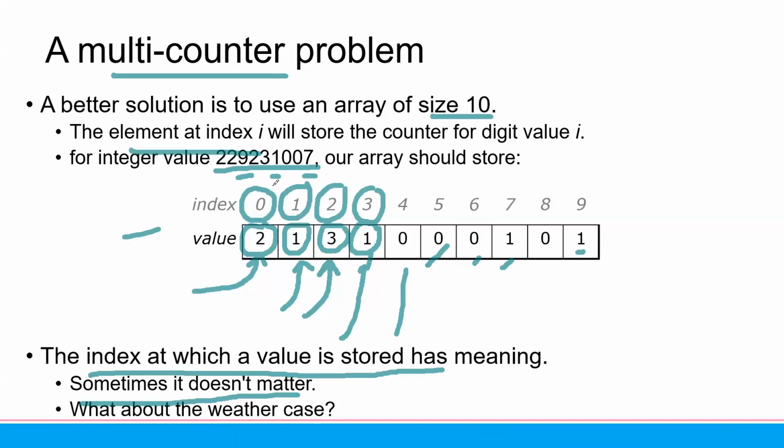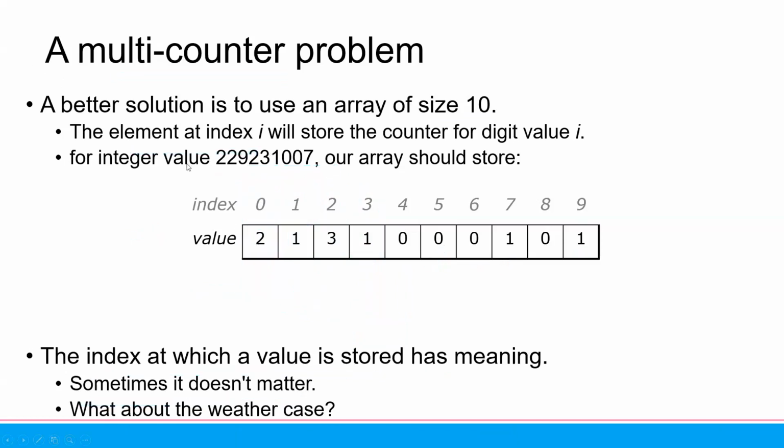Maybe I want the locations Seoul, Busan, Daegu, and then the temperature today, the weather of yesterday, and so on. That kind of thing can also be done with an array. So it doesn't matter about the number actually. It is just a coincidence that we can use it for this integer.